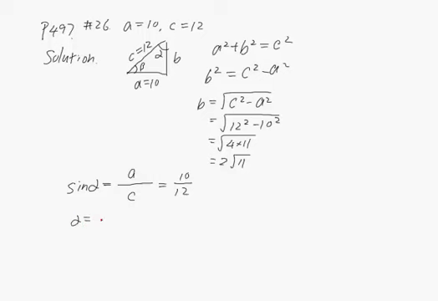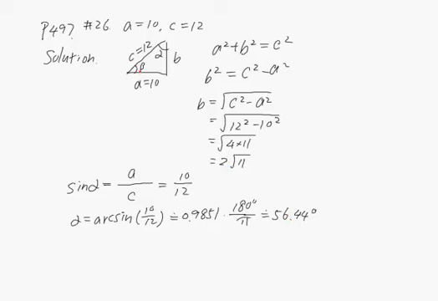So alpha is equal to arcsine of 10 over 12. You can use a calculator to get this inverse sine value. That is approximately 0.9851. Then let's convert this to degree measure. We have times 180 degrees over pi, and this is approximately equal to 56.44 degrees. So in this way, we find the angle alpha.